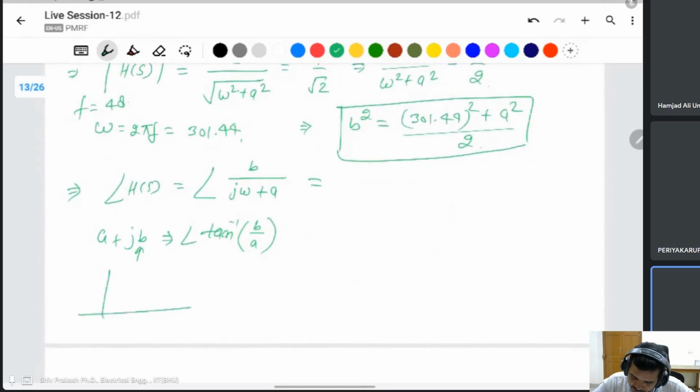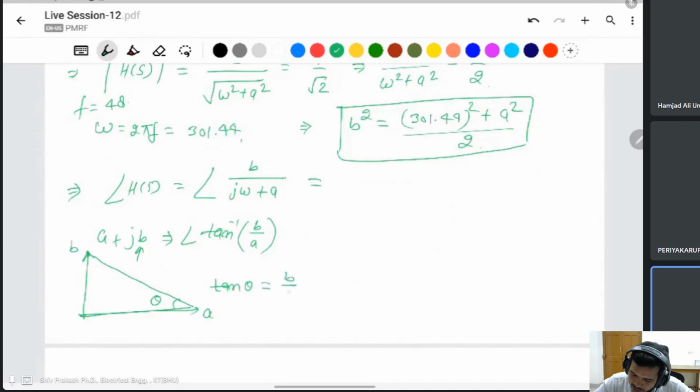This is the same thing. There are two vectors. One vector is here, one vector is here. Because of 90 degree, j means 90 degree. This is the angle theta. This is the A. This is the B. What is the tan theta?